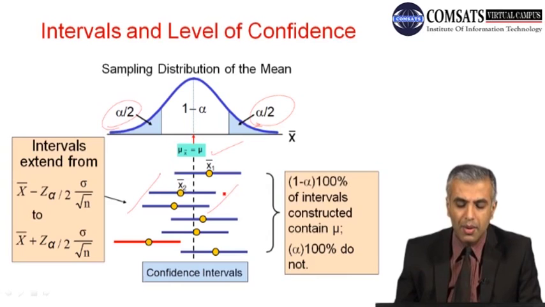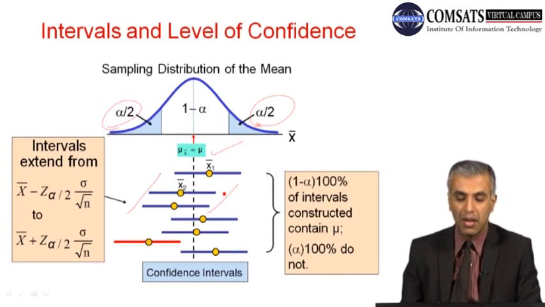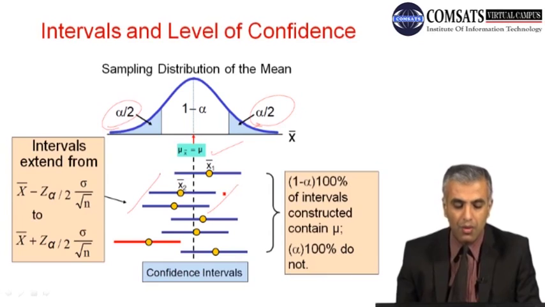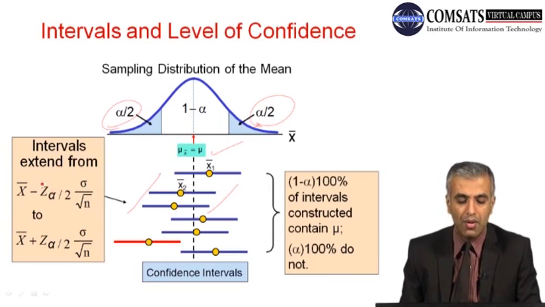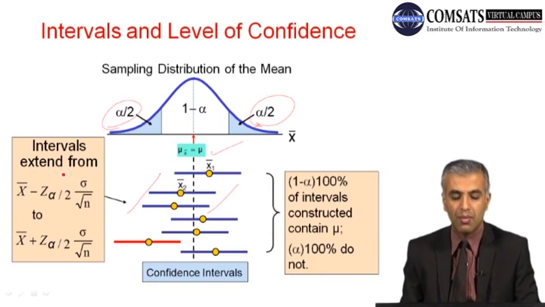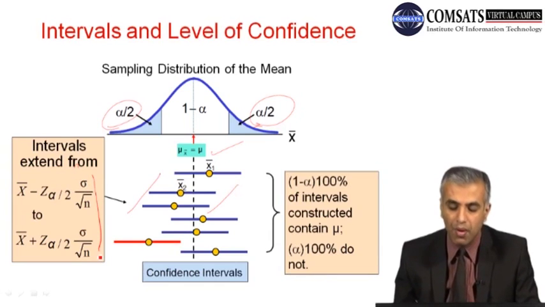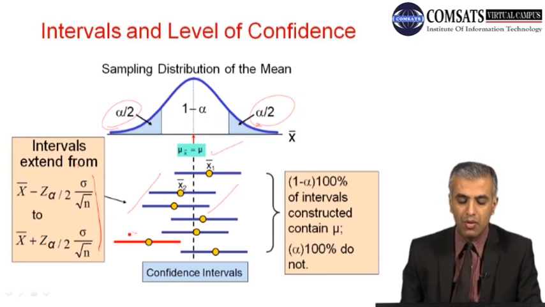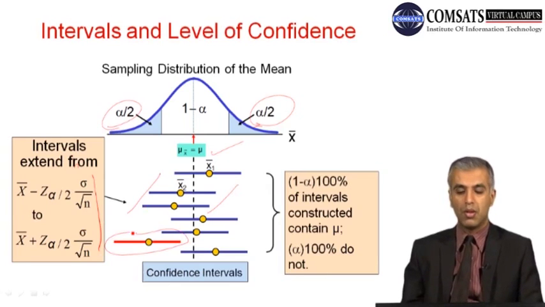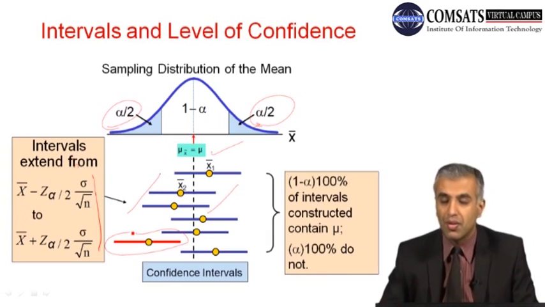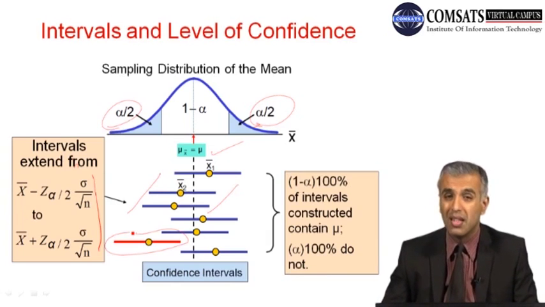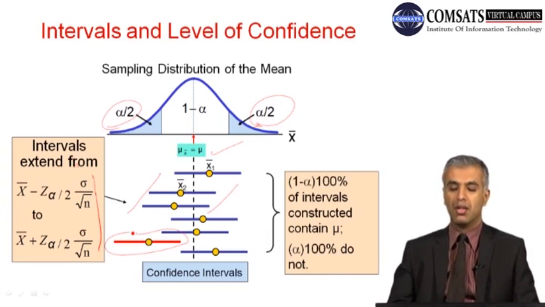Again here you can see the x1 and x2, and how the intervals extend from these two values which we have discussed before. Only one reading was abnormal, which was a bit away from the normal set. So we can say that 100% of intervals constructed do contain population mu and 100% do not.